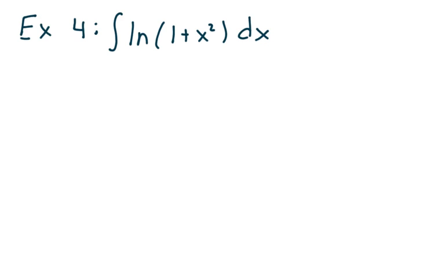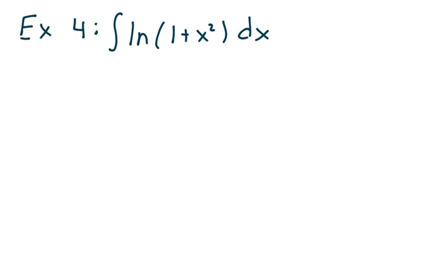Now, what I think about here is, can I do a u substitution? No, I don't think I have a u substitution there. Could I do partial fraction decomposition? I don't see a partial fraction decomposition there either. So what I'm going to try is integration by parts.